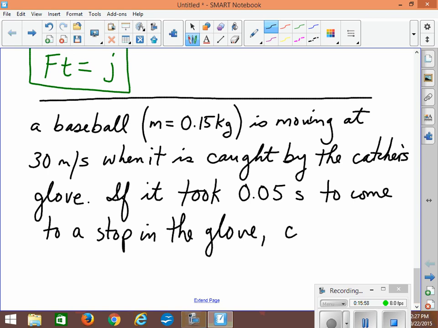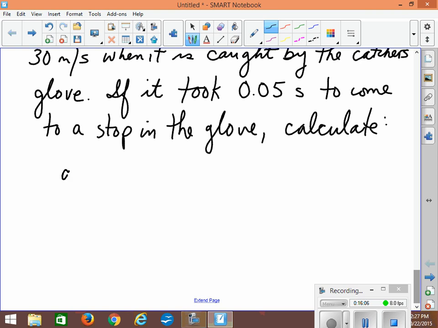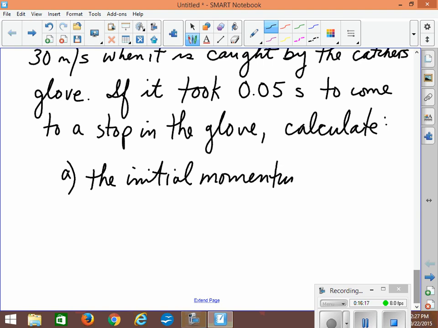We're going to use this as a review and calculate a whole bunch of things, all the things that we've talked about. First, A, we're going to calculate the initial momentum of the ball. Well, momentum is equal to mass times velocity.